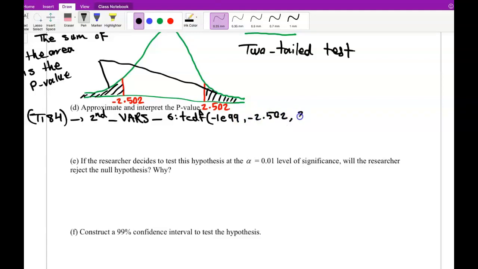Degrees of freedom is 22. I'm writing that part here again: degrees of freedom is n minus 1, which is 23 minus 1, which is 22. So this is equal to, okay, I rounded this one.